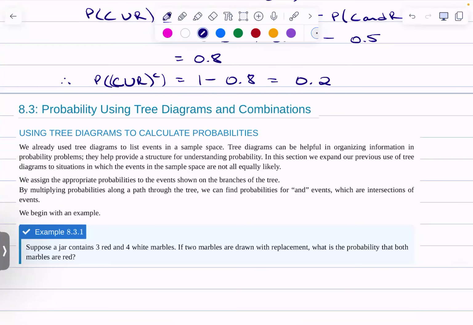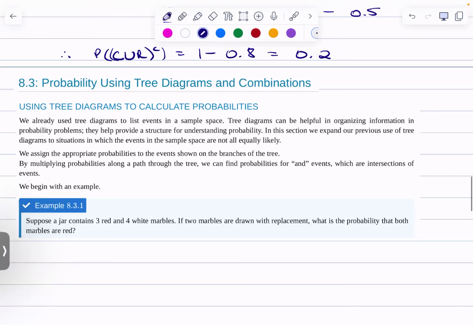So tree diagrams, we've used tree diagrams to map out the sample space, right? To map out all the possible combinations of outcomes for each event. Now we're going to change it slightly and use the tree diagram to map out probabilities instead.